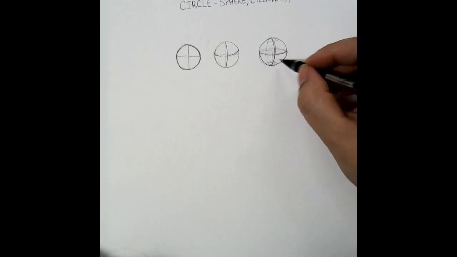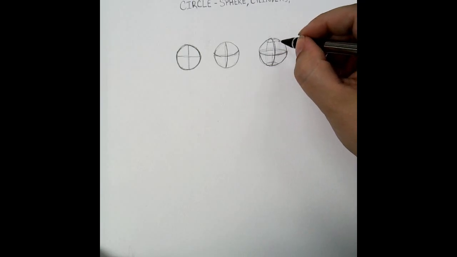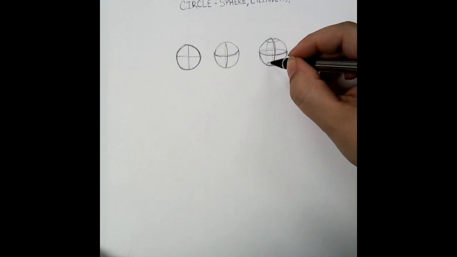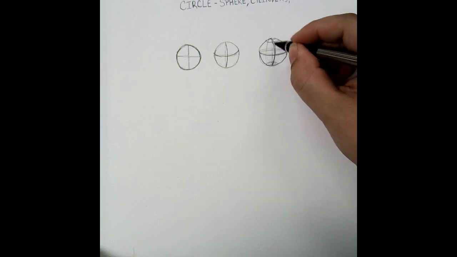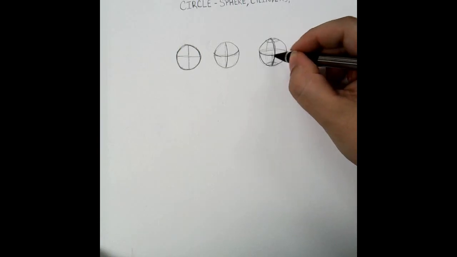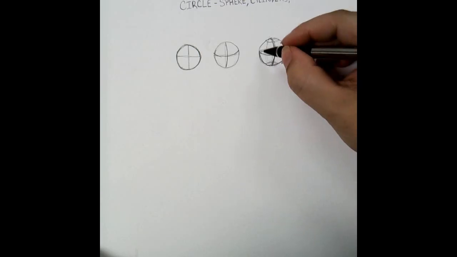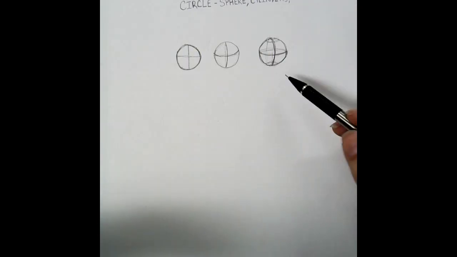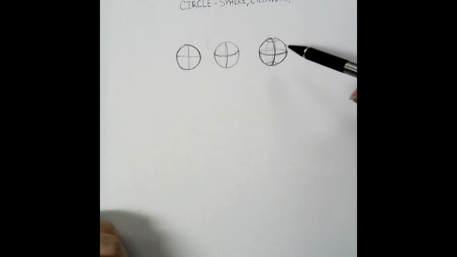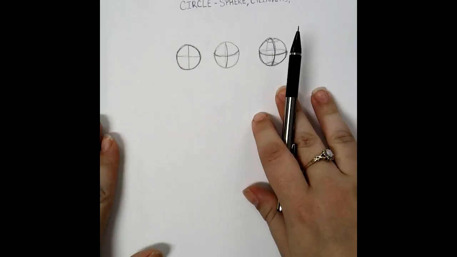I also have these lighter lines in the back. Those help my eye to interpret this as being rounded. The trick to drawing things and making a 3D form is that you have to give your eye and your brain enough information to be able to interpret this as 3D, even though it remains on a 2D surface.